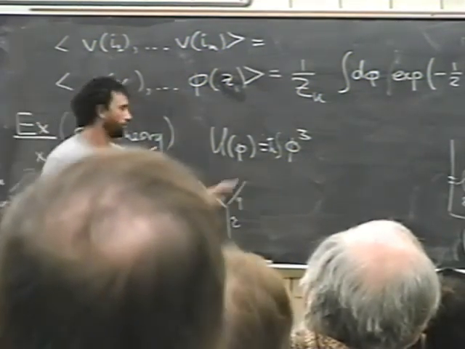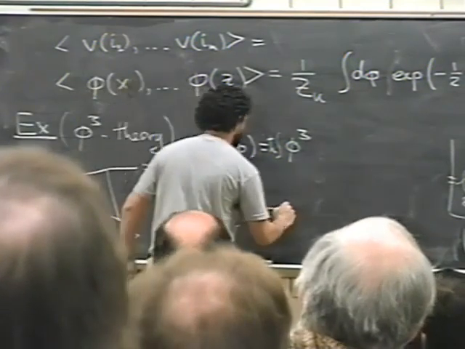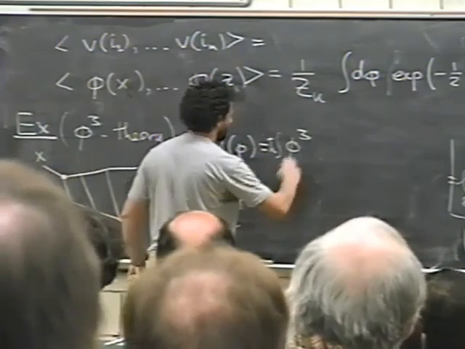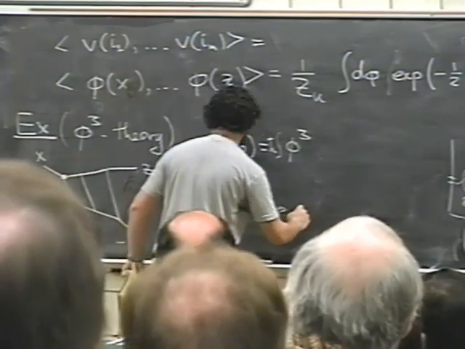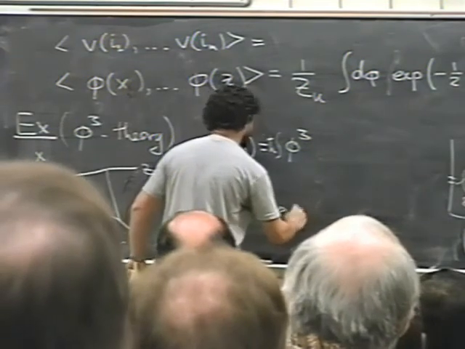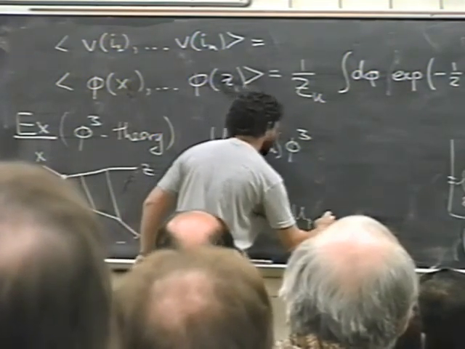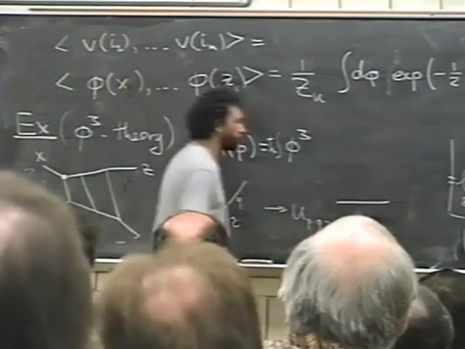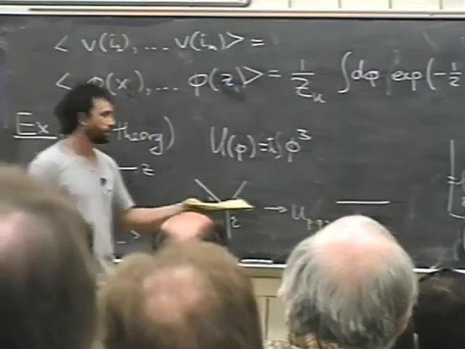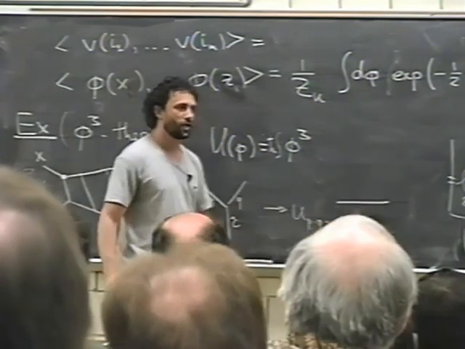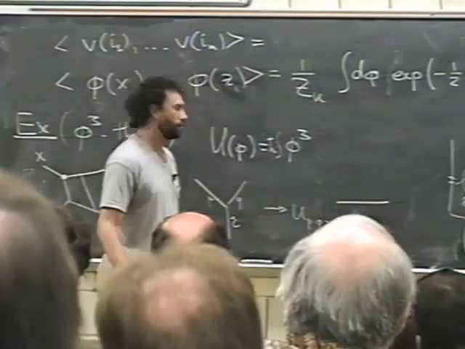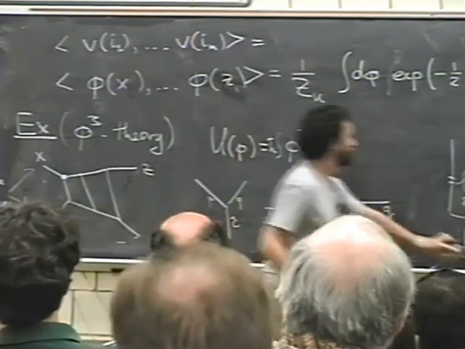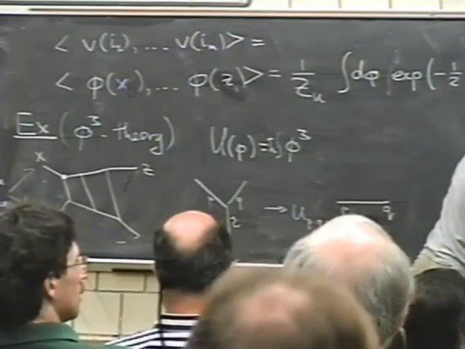The rule is again precisely as before: each edge is colored by two indices, but instead of discrete indices i and j, these will be points on the space-time, say P and Q, and to each edge there corresponds a factor.